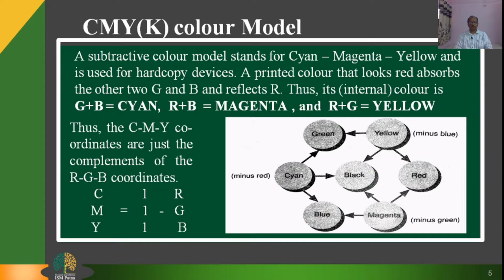As you are seeing on screen, in matrix form C equals 1 minus R, M equals 1 minus G, whereas Y equals 1 minus B. So this is the formation of the CMYK color model.